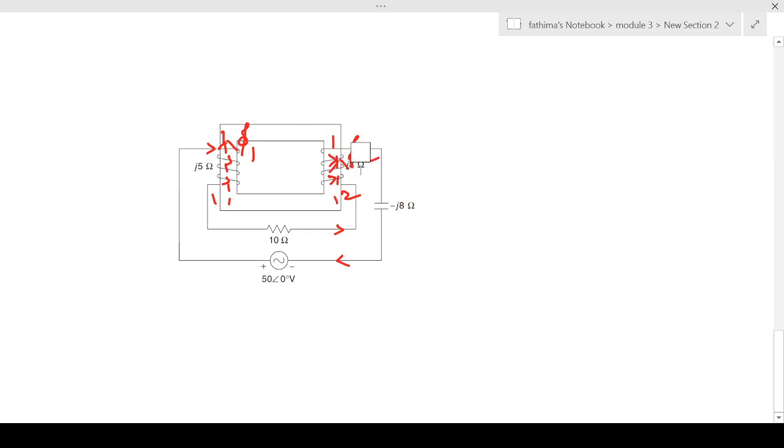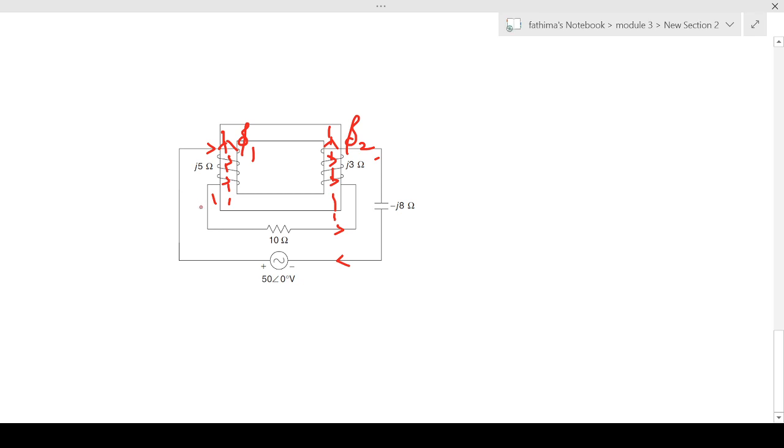So we have applied the right hand thumb rule to the first coil and seen that the flux is in the upward direction, and we apply it to the second coil also, and again the flux is in the upward direction. That means here the flux is in the opposite direction, that is in the counterclockwise direction, and the first flux is in the clockwise direction. So the direction of flux in both the coils is opposite.